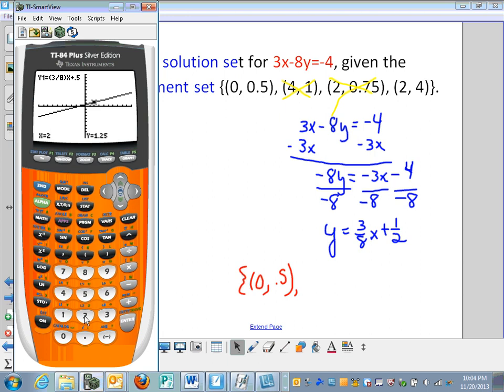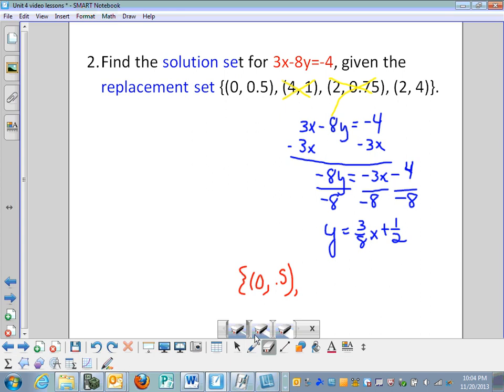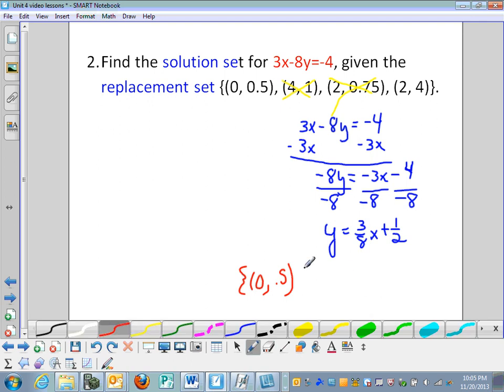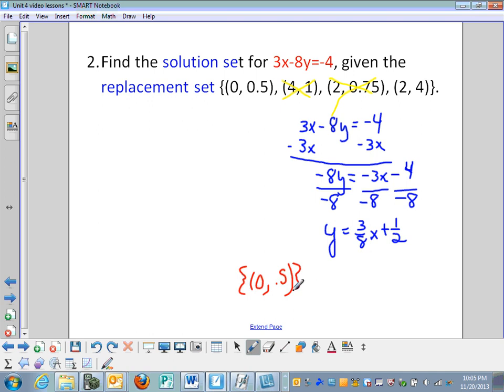And (2, 4) is not part of my solution set either. So the only one that's a solution is (0, 0.5), and the solution set ends with the curly bracket.